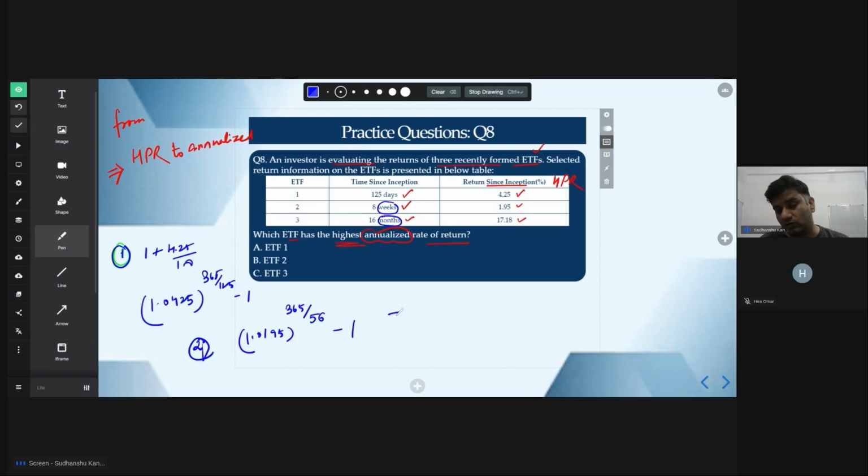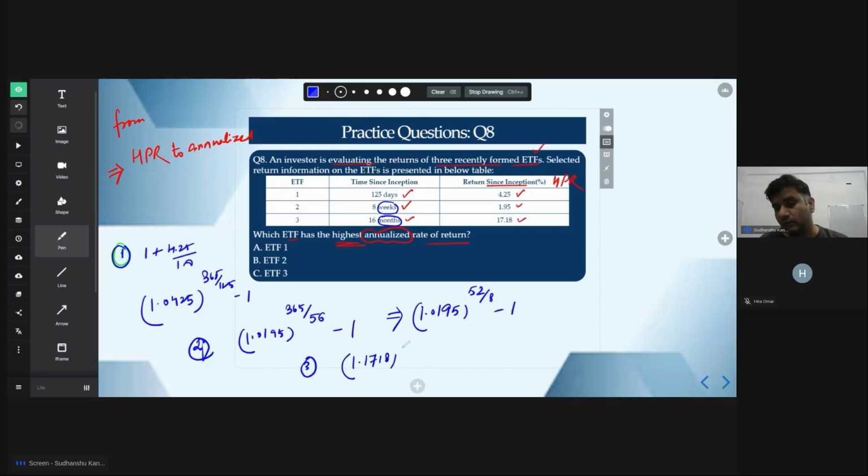So now you go to weeks, and here the numerator was 365 in days. Now let's convert the numerator itself into weeks. How many weeks are there in a year, guys? In a year we have 52 weeks. So 52 by 8 minus 1. Similarly, the next convention is months, with 1.1718.